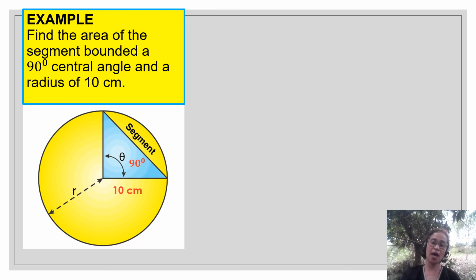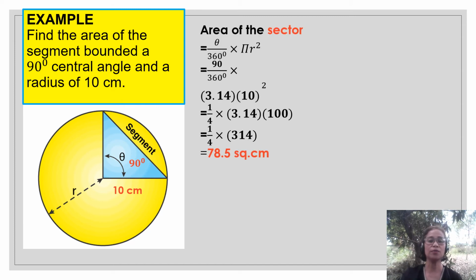So our plan is to first solve the area of the sector, then it will be followed by solving the area of the triangle. To solve for the area of the sector, we are going to use the formula theta over 360 multiplied by pi r squared. So our angle has a measure of 90 over 360 degrees multiplied by 3.14 times 10 raised to the second power.